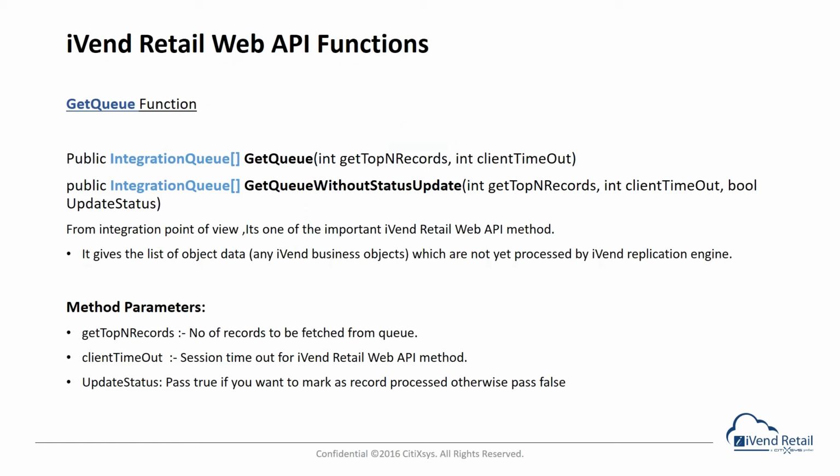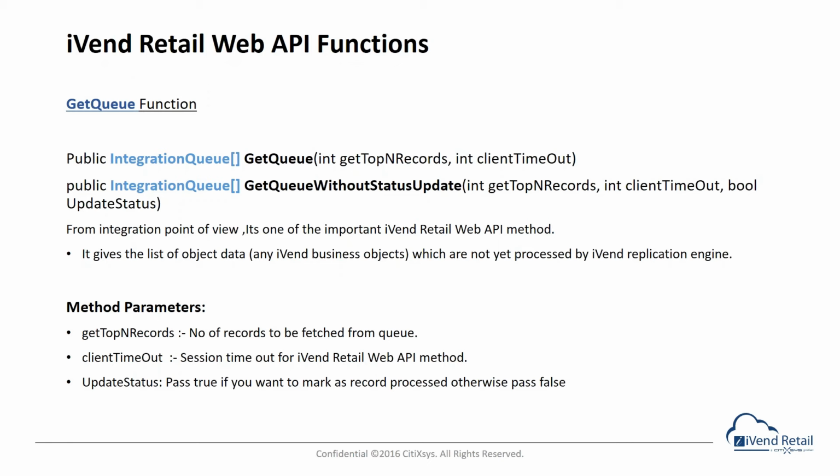And as users continue to do their transactions in iVend, sitting in the middle, your integration code needs to poll the iVend application using web APIs periodically to see what transactions have happened. So you write a Windows service kind of application whereby you keep polling the iVend application using the API for new transactional data or master data.